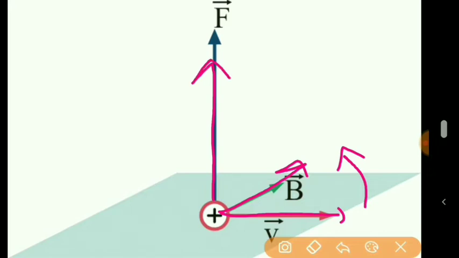Students, remember, you have to curve your fingers from V to B side. So when you curve your fingers from V to B side, the thumb will show the direction of the force acting on a charged particle. And if the charged particle is positive, then the force is in the upward direction. But if the charged particle is negative, then the force will be in the opposite direction.